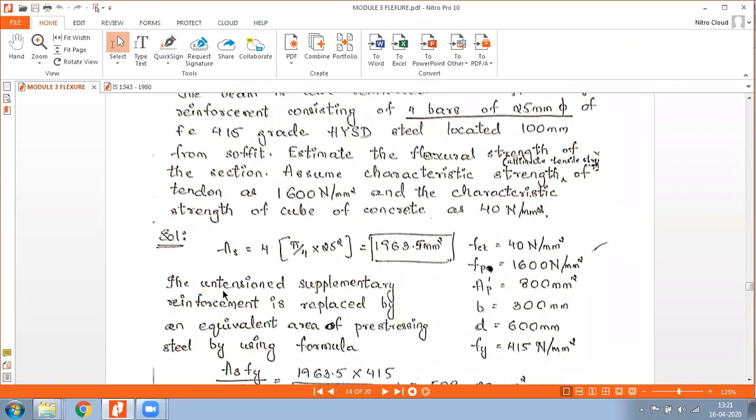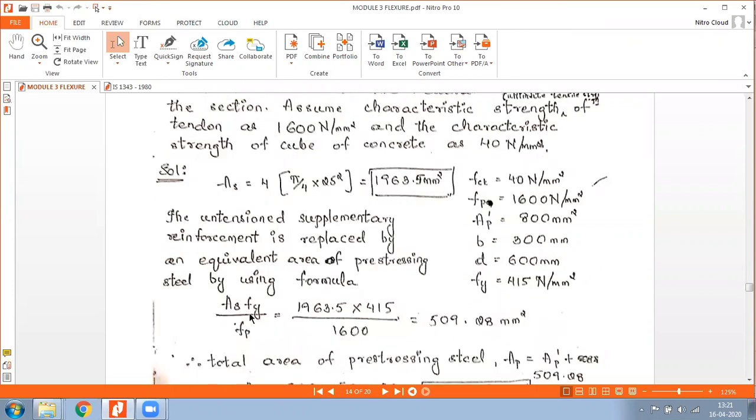That is, the untensioned supplementary reinforcement is replaced by an equivalent area of pre-stressing steel by using the formula As into Fy divided by Fp. Means for this area of steel, we need to replace with the equivalent area of the pre-stressing steel. How to calculate that equivalent area of pre-stressing steel means we need to use this formula, that is As into Fy divided by Fp.